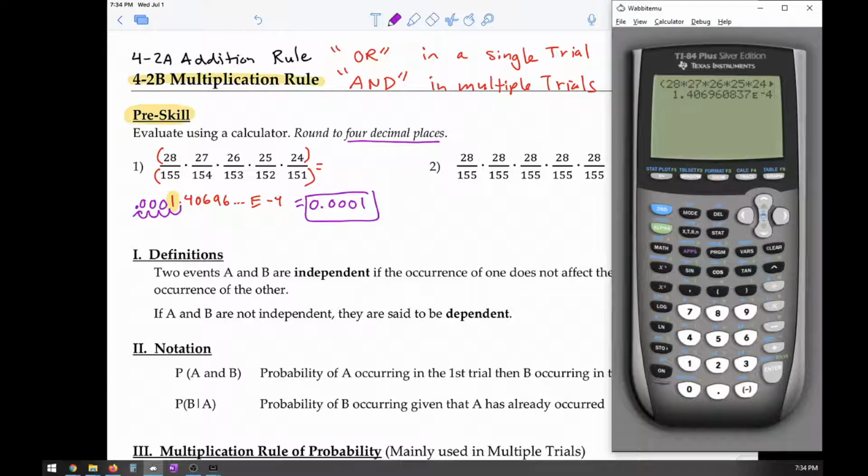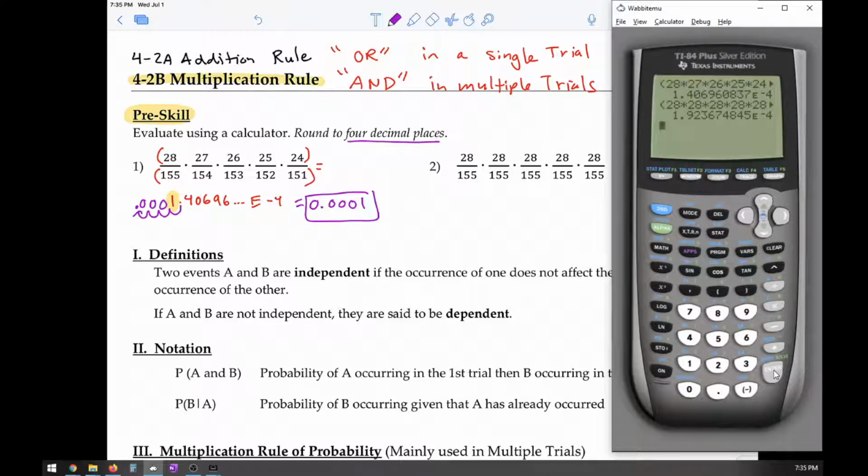For problem number 2, you can definitely do the same thing. You can open up parentheses and do 28 times 28 times 28 times 28 times 28, 5 times, and then close parentheses and the division sign, and then open up parentheses and multiply the denominator like that. Close it and press enter, and that's what you get.